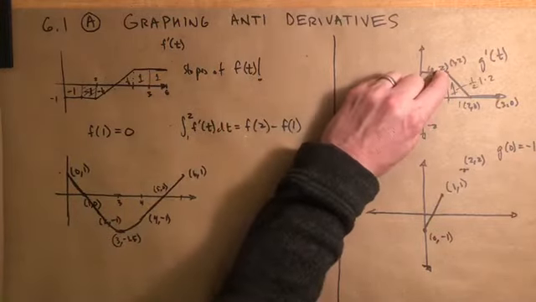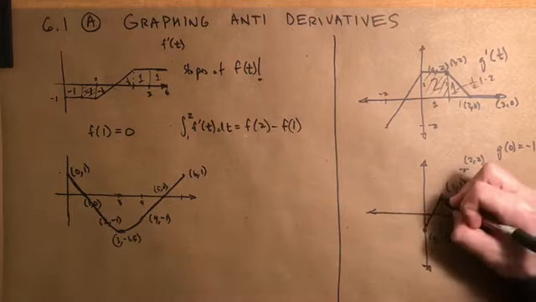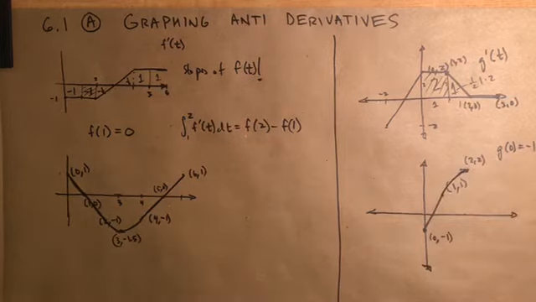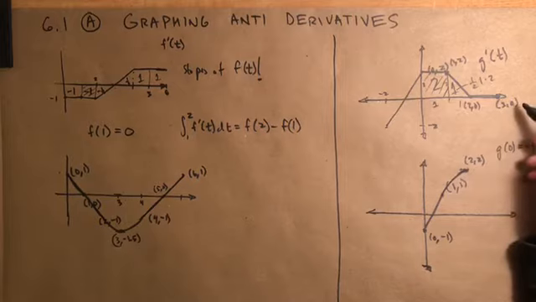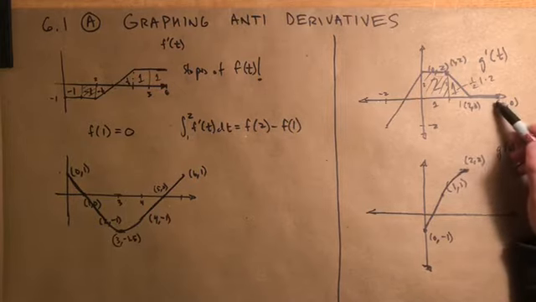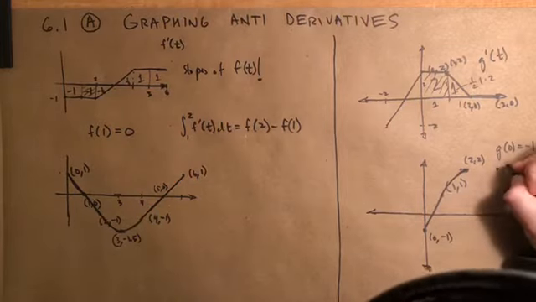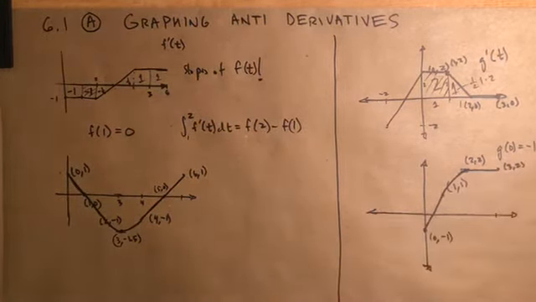The derivative was decreasing, which meant our parent function is going to be concave down. There we have it. The final thing that happens from 2 to 3 is nothing. The slope here is 0. And so from 2 to 3, our function is going to be a dead-on constant.